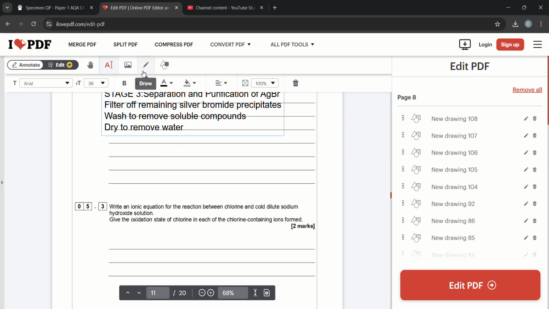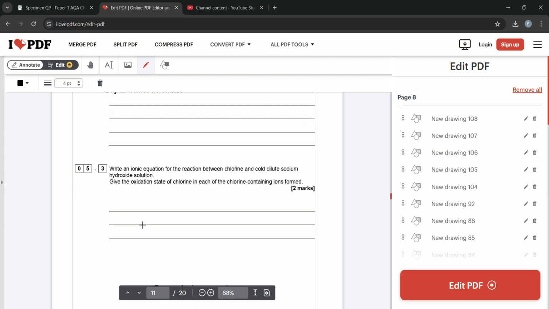And then 5.3, write an ionic equation for the reaction between chlorine and cold dilute sodium hydroxide. So Cl2 plus sodium hydroxide.